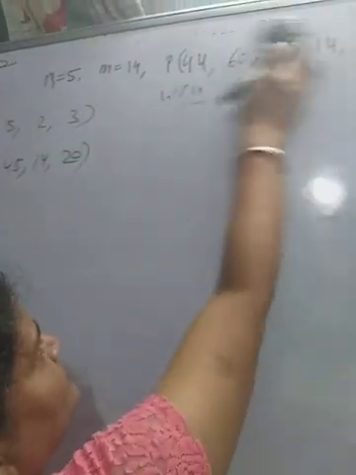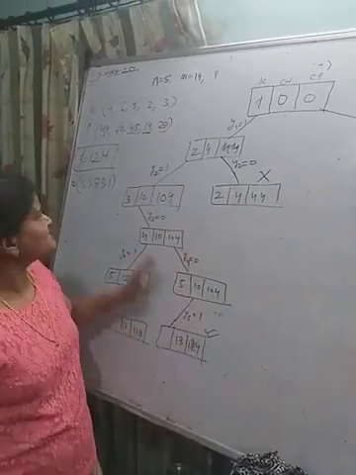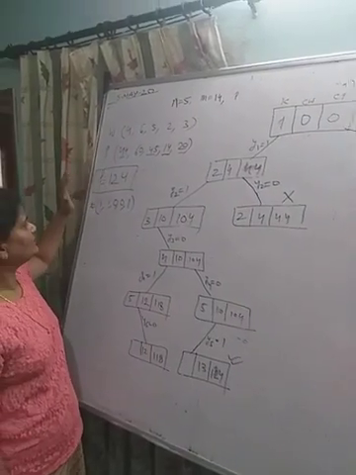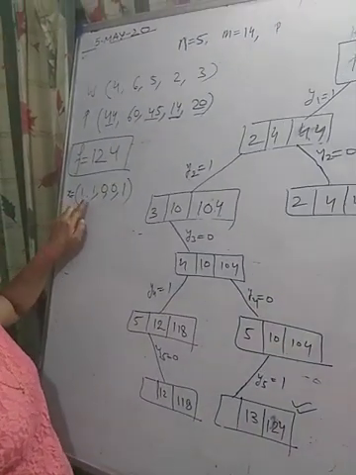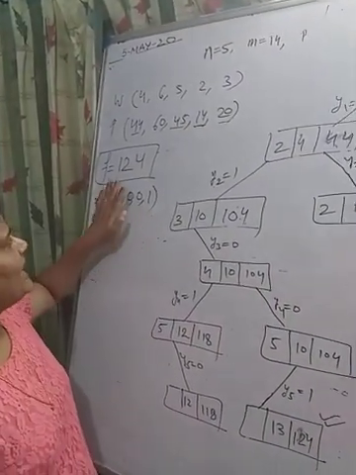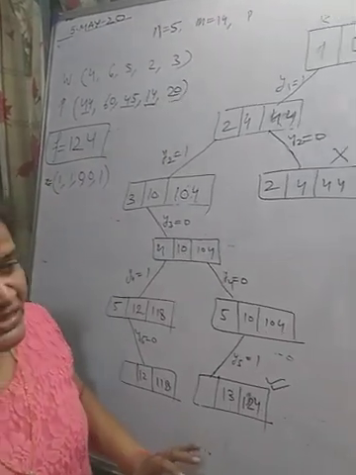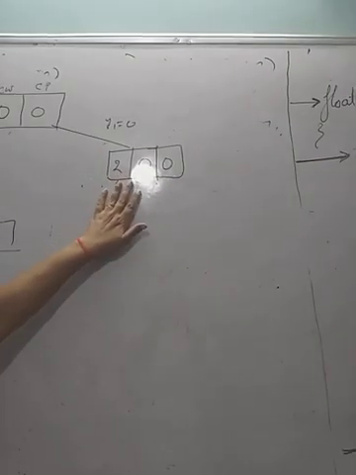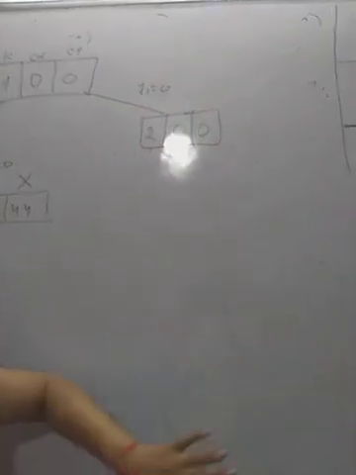Okay, so the first node: I have drawn part of the state space tree for this example, where the solution vector generated so far is 1, 1, 0, 0, 1 and the profit is 124. Now I will explain whether to move in this direction or not, in the downward direction.